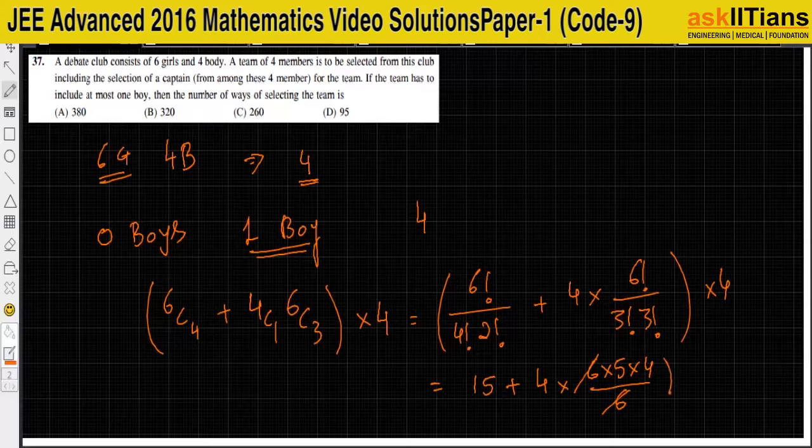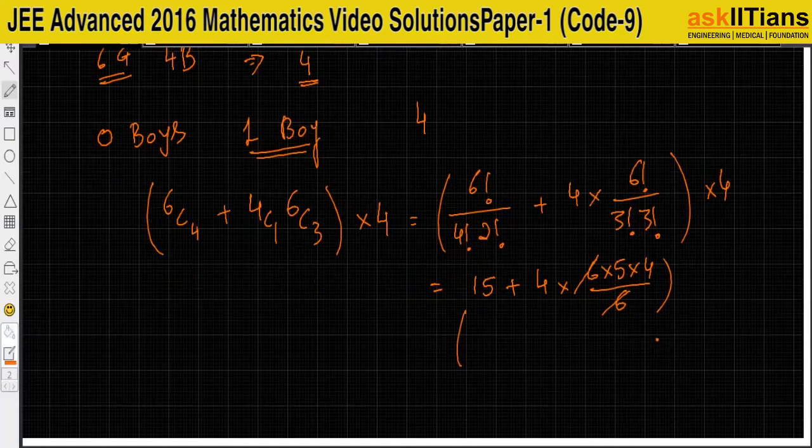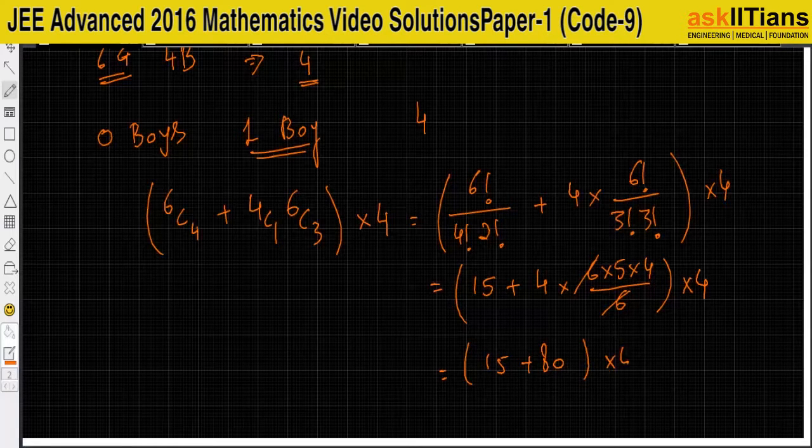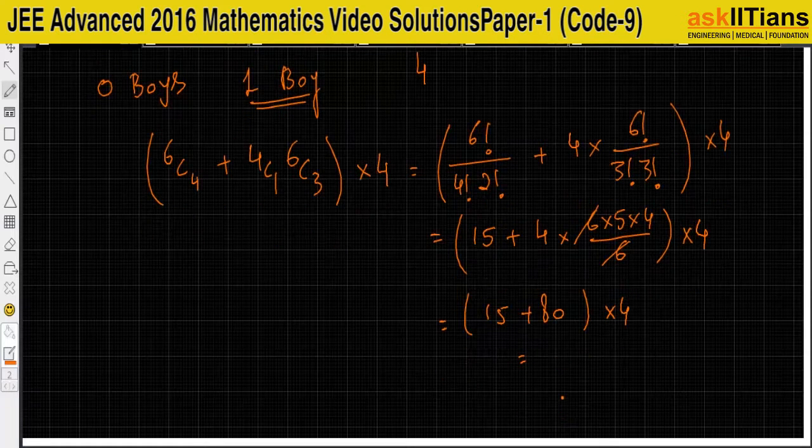So again this 6 and 6 will get cancelled. So this everything multiplied by 4. Your answer will be 15 plus 20 into 4, so that's 80. So that's 95 into 4, and that will be the answer for this question.